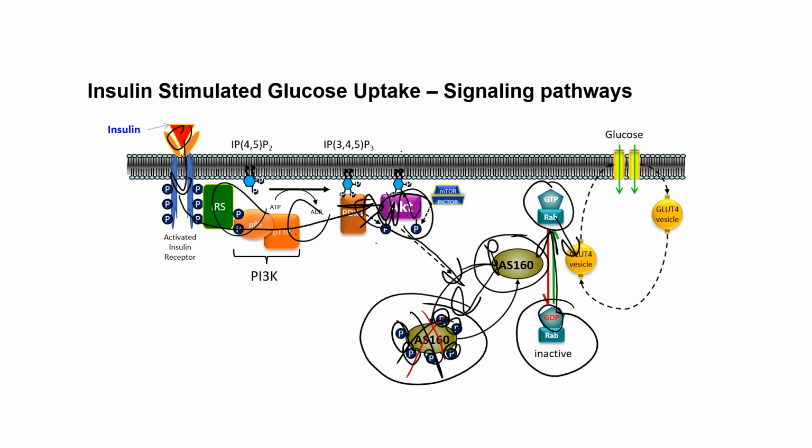And when Rab is now active, because it has GTP bound to it, it's going to trigger GLUT4 translocation. GLUT4 is going to leave the vesicles, and GLUT4 is then going to embed itself into the plasma membrane, as you can see here, and then it's going to take the glucose within the interstitial fluid into the cell through facilitated diffusion.